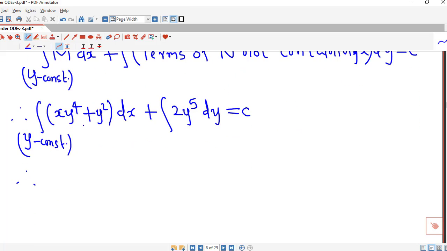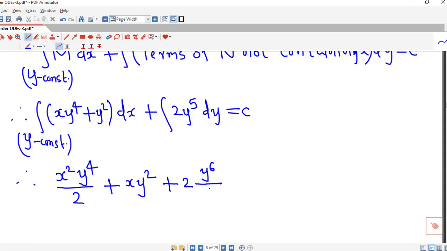Here y is constant, so y raised to 4 is constant, and the integral of x is x square by 2. So x square y raised to 4 divided by 2. Here y square is constant, the integral of 1 with respect to x is x, so we write x into y square plus, here 2 is constant, the integral of y raised to 5 is y raised to 6 by 6.